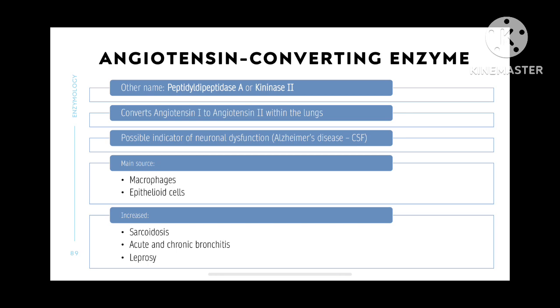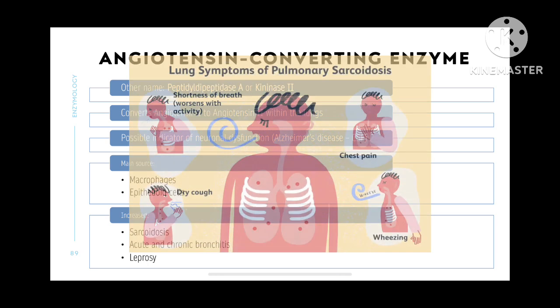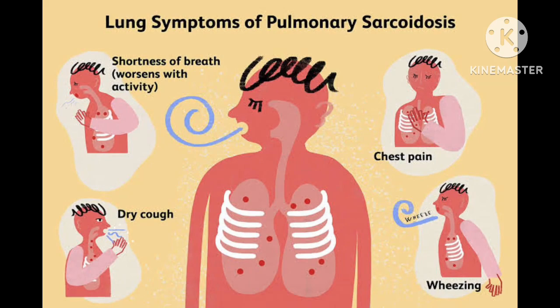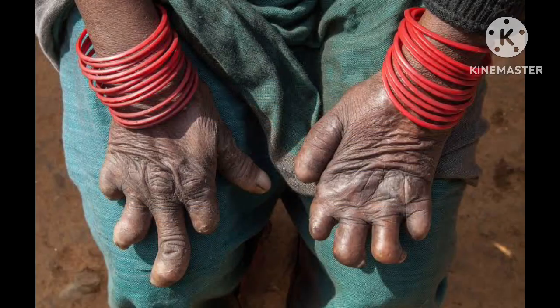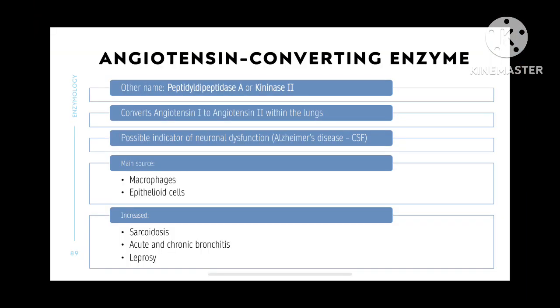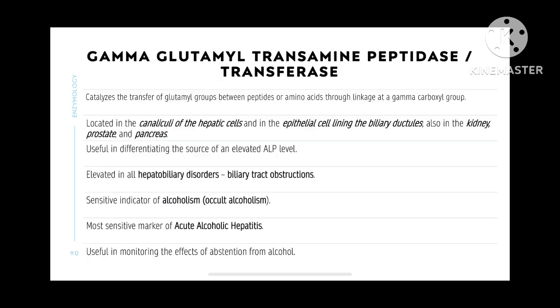ACE will be increased in diseases such as sarcoidosis, acute and chronic bronchitis, and even in leprosy. The main source of angiotensin-converting enzyme comes from the macrophages and epithelioid cells. Next would be gamma-glutamyl transpeptidase or gamma-glutamyl transferase.